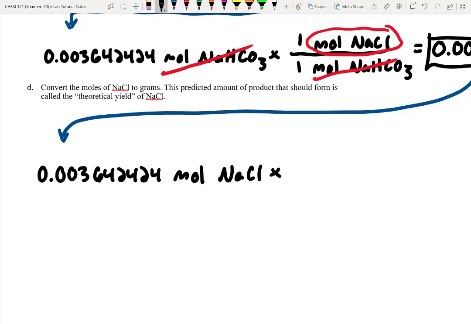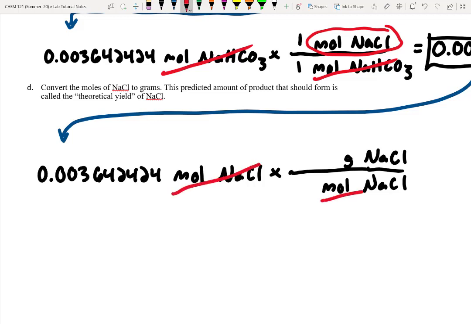Again, just like with any unit conversion, we want to cancel out our units. So I'm going to put moles of NaCl on the bottom. And what it's asking for is what mass of NaCl will we get. So I want grams of NaCl on top. By doing this, we can cancel out moles of NaCl. Perfect. We're left with grams of NaCl.